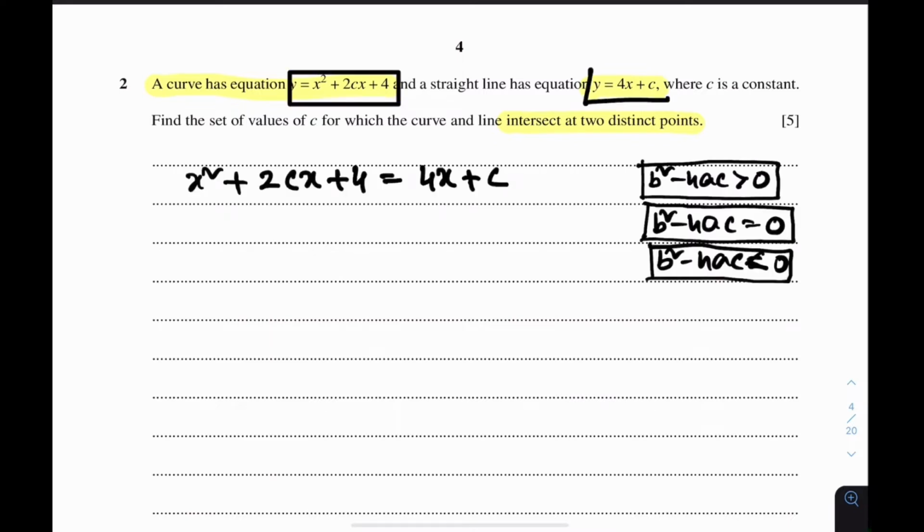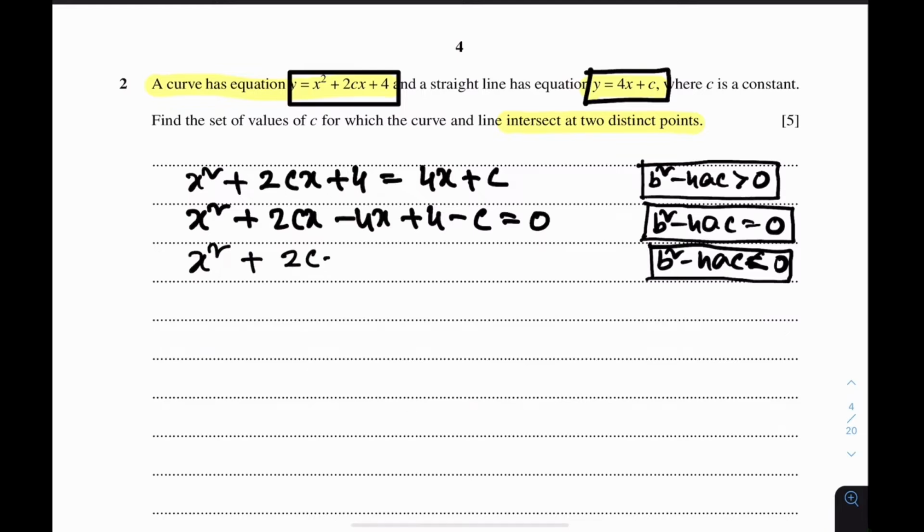This is also y, so you can write both of them equal. Let me simplify: x squared plus 2cx minus 4x plus 4 minus c equals 0. So x squared plus (2c minus 4), taking x as common, x plus (4 minus c) equals 0.